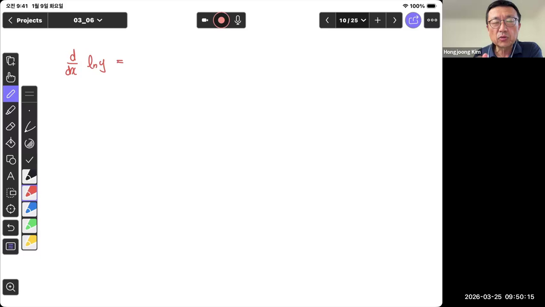All you have to do is replace x with y, because you need to evaluate that derivative at the inner function. So 1 over y. But that's not the end of the chain rule. You need to multiply by the derivative of the inner function, which is y prime. So that is the derivative of the left hand side.